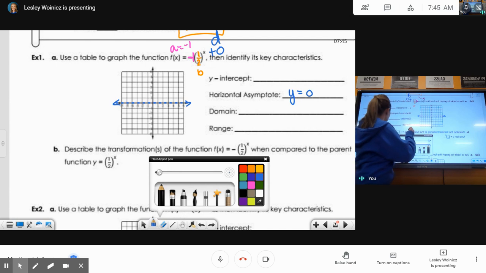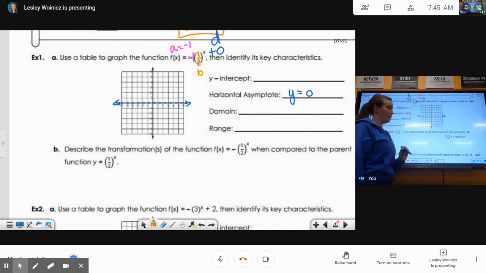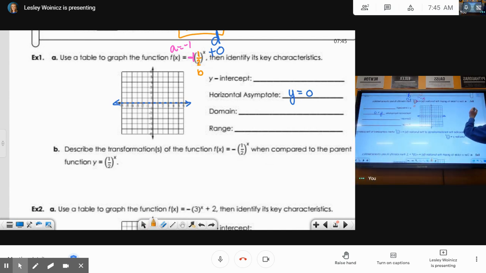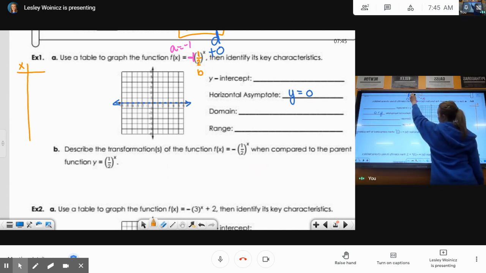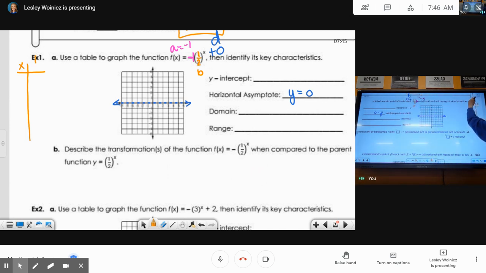The next thing we're going to do is make a parent table. So we'll start with x, and then we're going to do the parent, this 1/2 to the x. My x's are going to be our usual suspects: -2, -1, 0, 1, and 2.